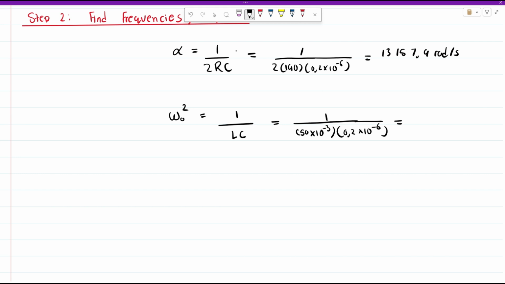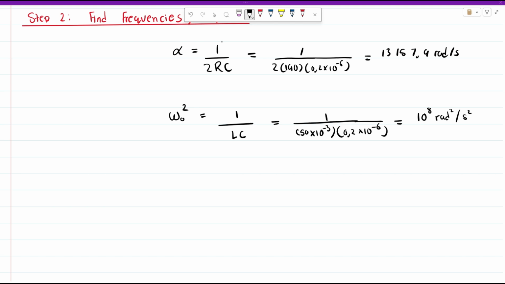Plug that into your calculator and you should get 10 to the 8. So we have 10 to the 8 radians squared. Remember, we squared, so it's radians squared per second squared.